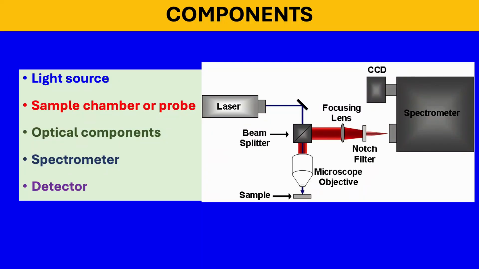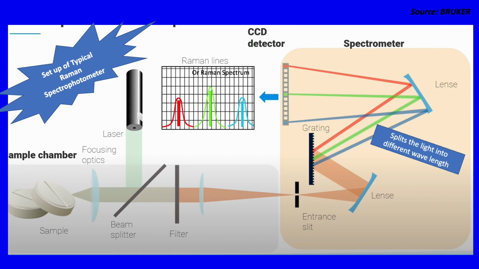A typical Raman spectroscope has different components. Number one is the light source, followed by the sample chamber or probe, optical components, a spectrometer, followed by the detector. Let us see a typical setup of a Raman spectrometer prepared by Bruker. A laser beam created by the laser reaches the sample through a beam splitter and the focusing optics, it is redirected to a particular filter, and through another optics it reaches the spectrophotometer system.